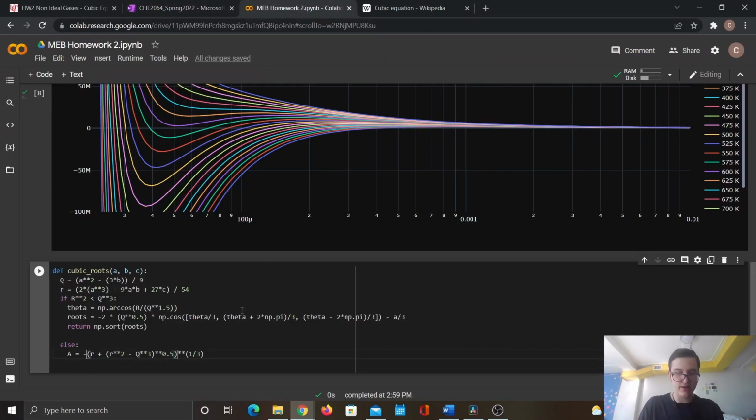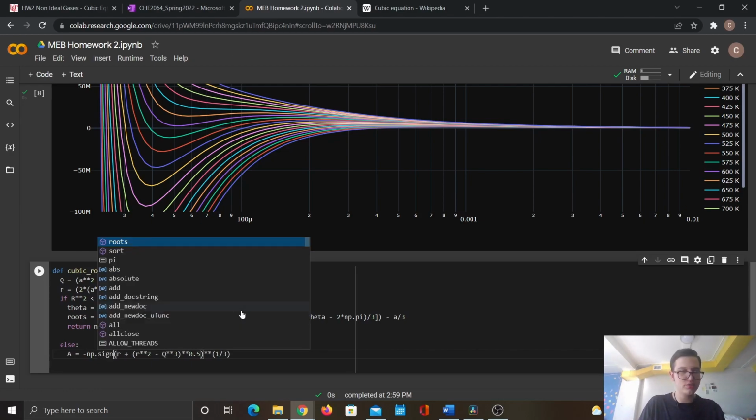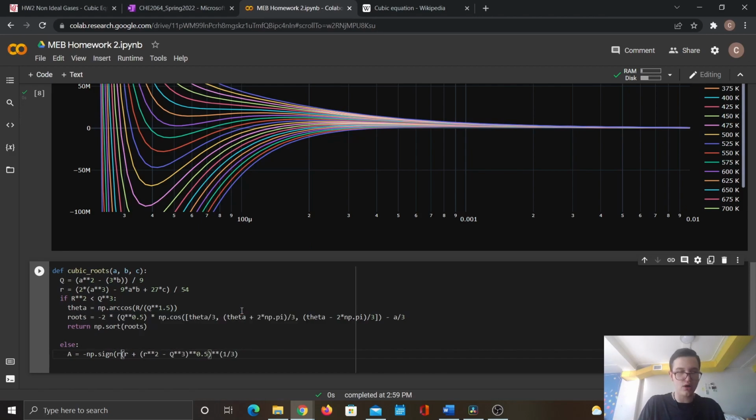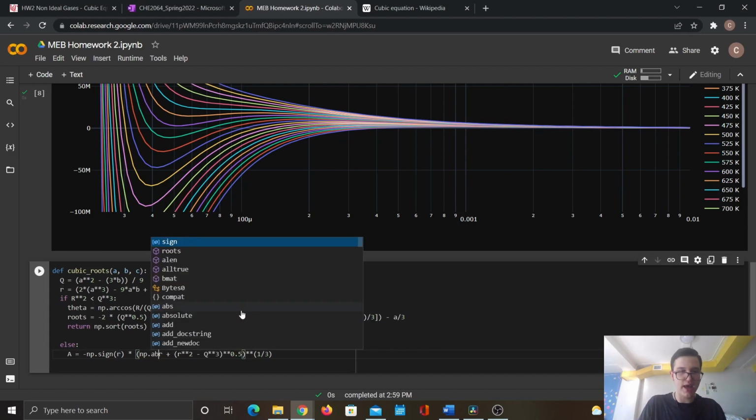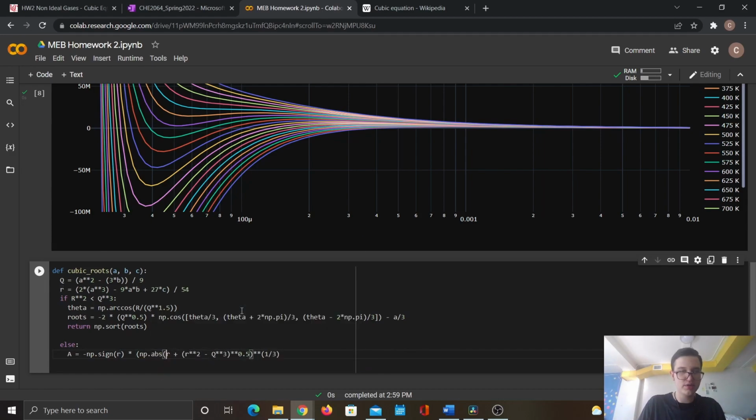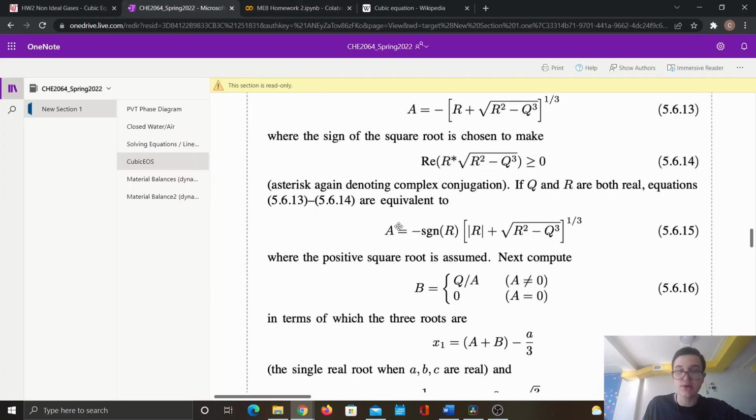We need to add negative np dot sign of r times np dot abs of r.